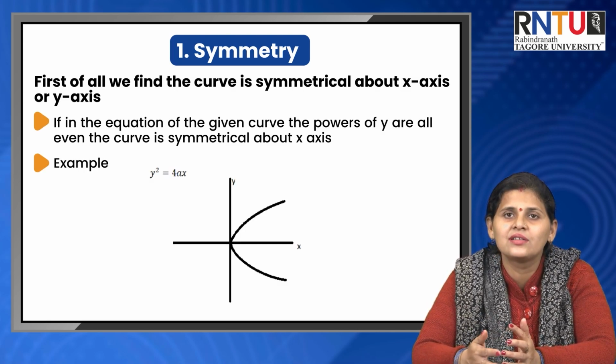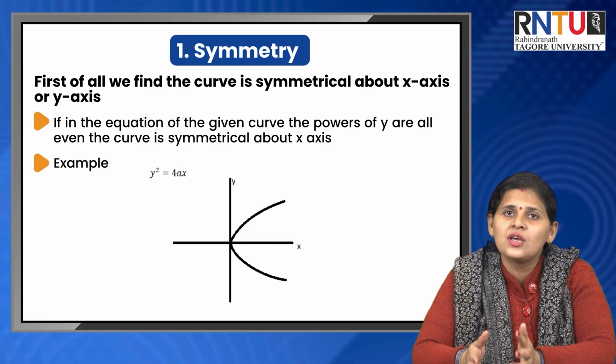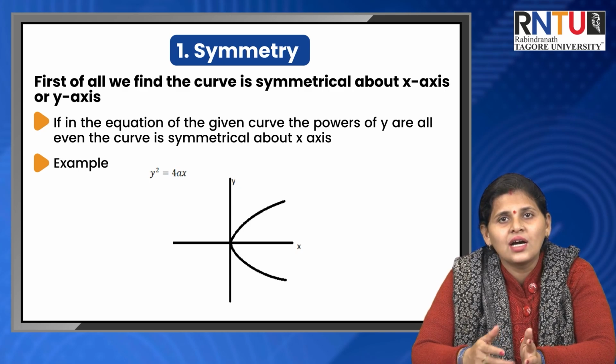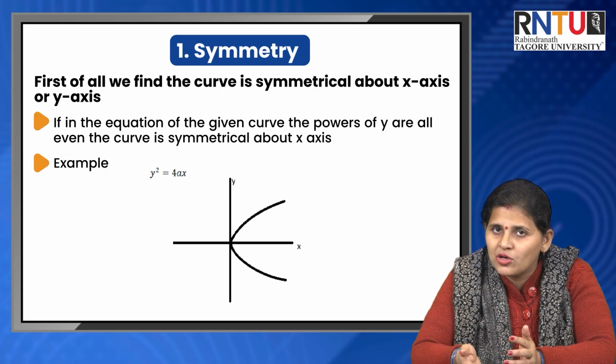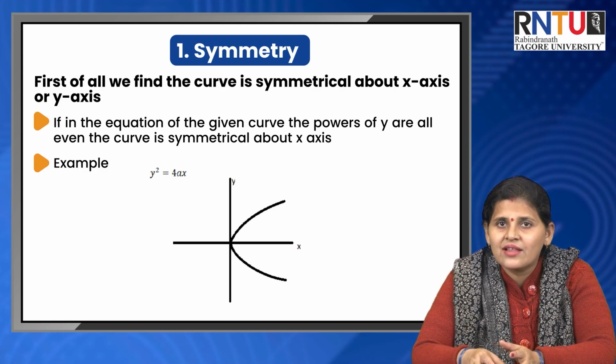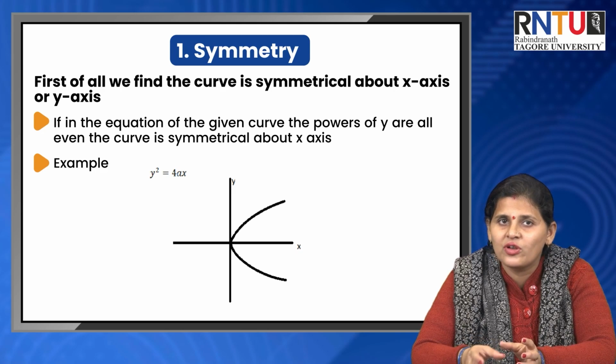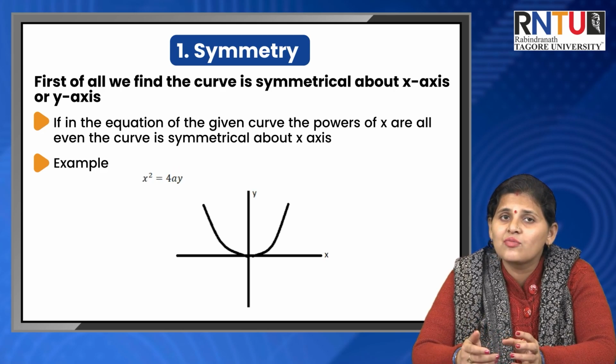You find the symmetry and draw the symmetry of the curve. Firstly, you check whether the curve is symmetric about the x-axis and whether it is symmetric about the y-axis. For example, take the equation y square equals 4x.